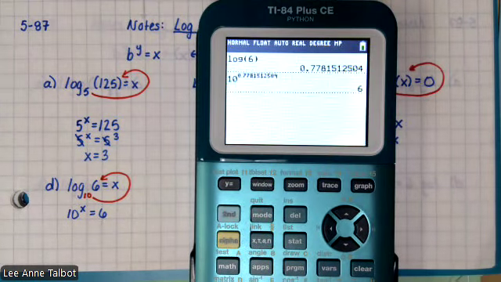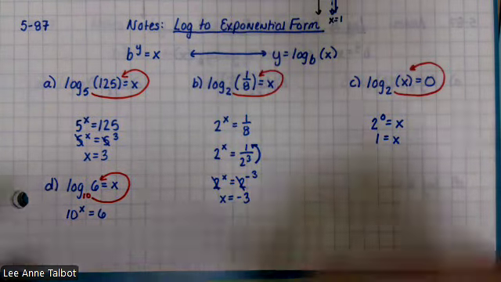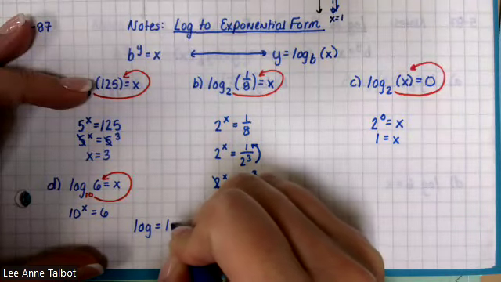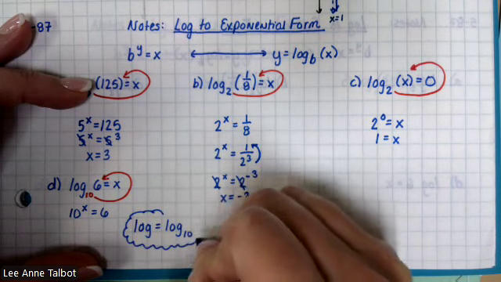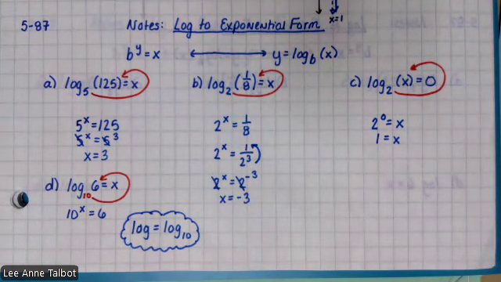Oh, miracles upon miracles, it works. It's 6. So what's the moral of the story here? Plain log is log base 10. So we're just going to write ourselves a little note. Log equals log base 10. So anytime that you guys have a plain log with nobody there, just put a little baby 10. Why? Because you have 10 fingies.